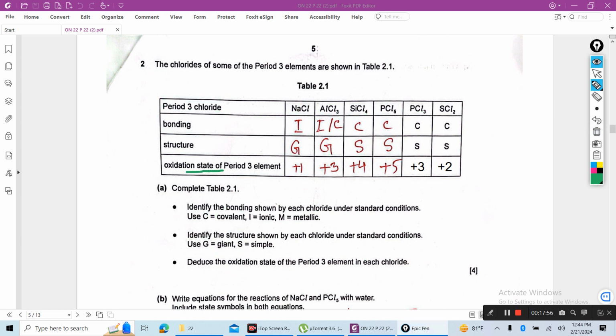Now oxidation state: in sodium chloride, sodium is plus 1, here plus 3, silicon plus 4, phosphorus in group 5 plus 5. Here with chlorine negative 3, phosphorus is plus 3. Here with 2 chlorine negative 2, sulfur will be plus 2. This is their bonding, structure and oxidation state.